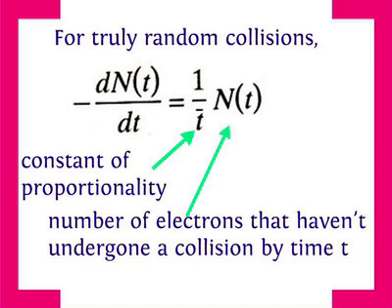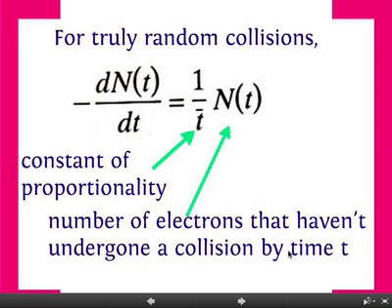So you can write an equation which looks like this, where the rate of change of concentration of electrons that have undergone a collision is proportional to the remaining electrons. Don't think too much about it, but you can go back and read it. It's not that complicated. I'm not saying this in the clearest way possible, I guess. So n is the number of electrons that haven't undergone a collision by time t. dn over dt is 1 over t bar, some constant, times n of t.